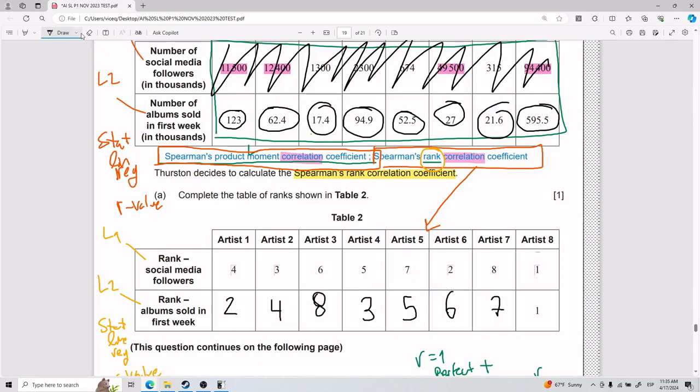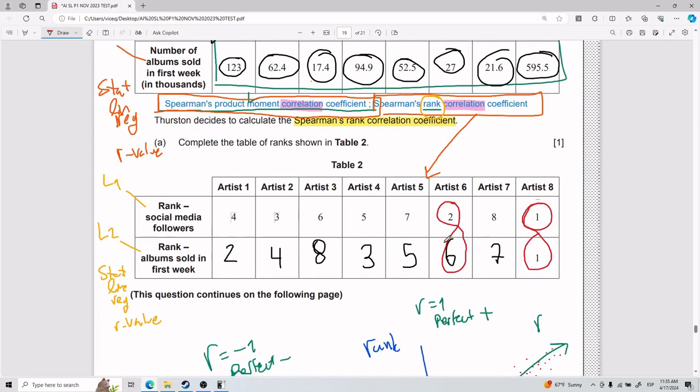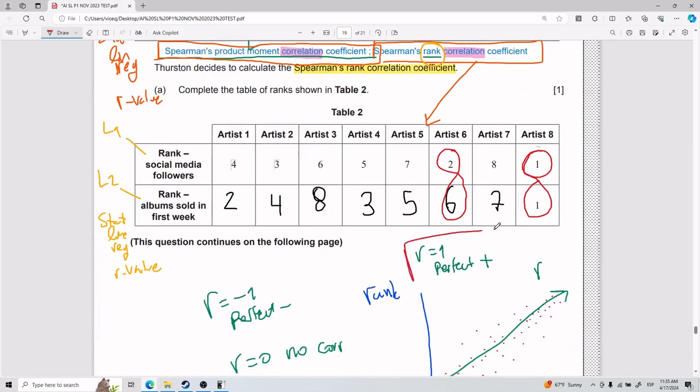And so notice how, yes, the artist with the most social media also sold the most, but this guy that also had the most social media was 6th place for selling the most. And so maybe your R value is not going to be perfect. Maybe it's not going to equal 1. A perfect one would be if all these numbers matched, but clearly they don't.